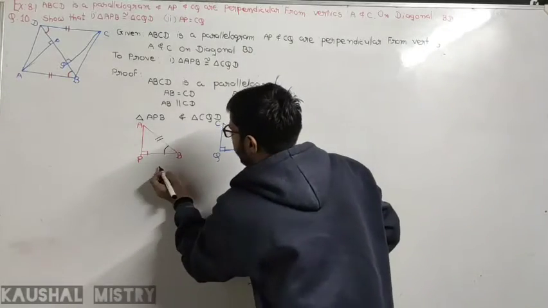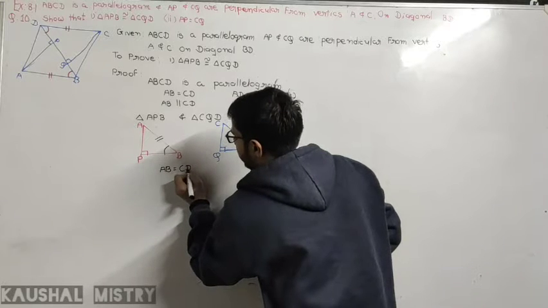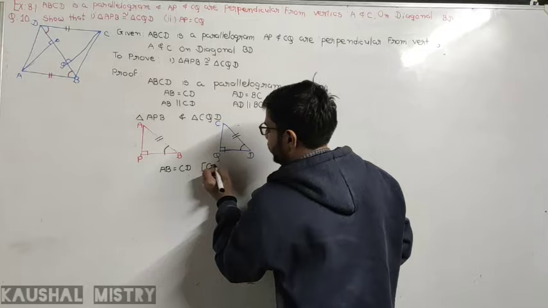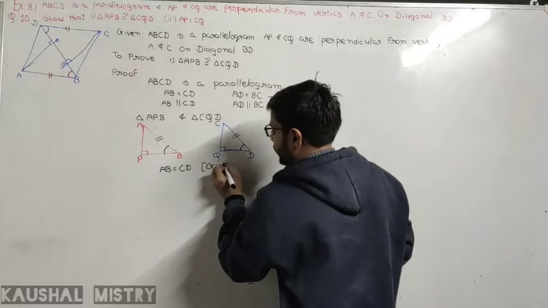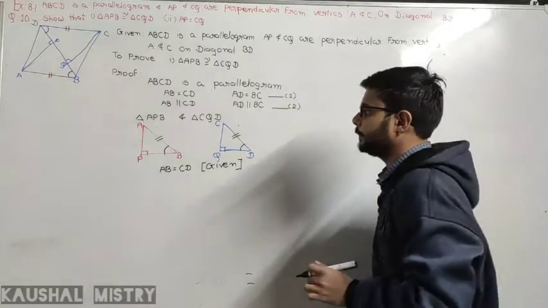Now, first AB is equal to CD, because it is a parallelogram, that means it is given, or you can write result number 1.